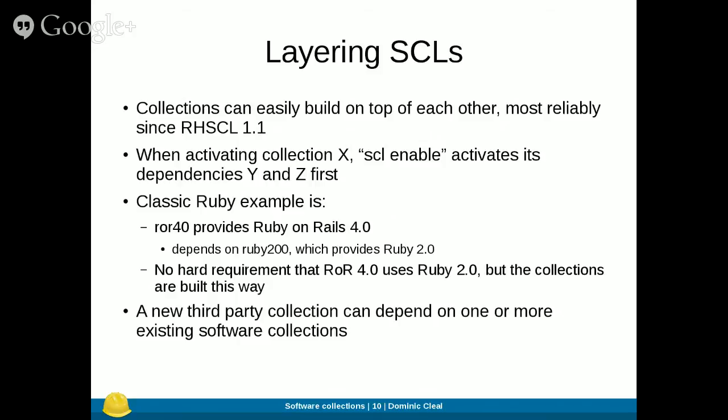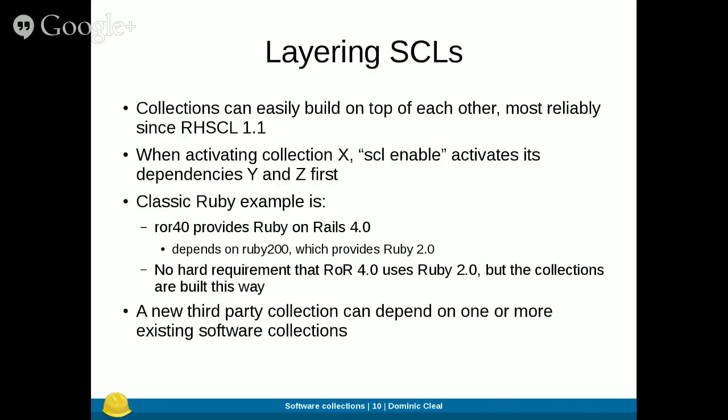Rails 4.0 was added to RHSCL, and it depends on Ruby 2.0.0. So now when you run scl enable ror40, it also activates the Ruby collection that Rails depends on. So you don't have to list all of the collections that you need, just the top level one.